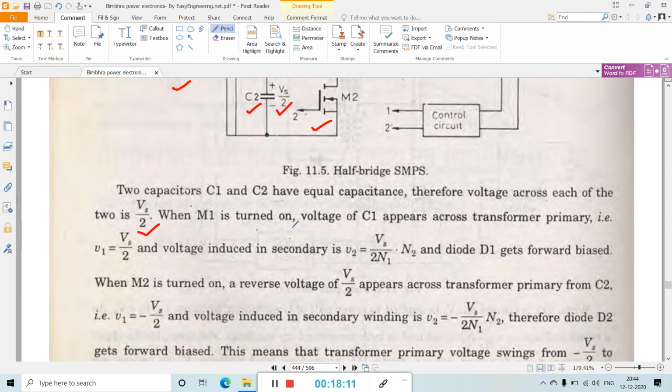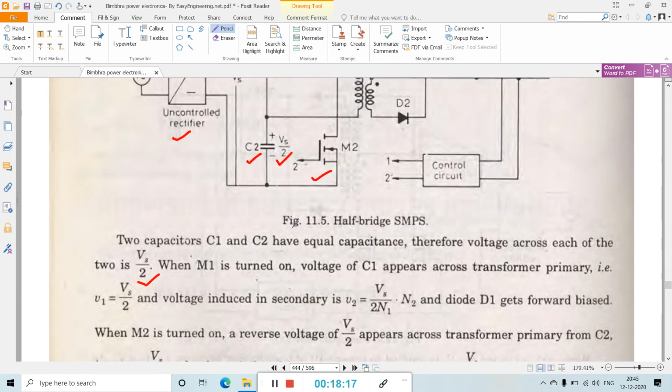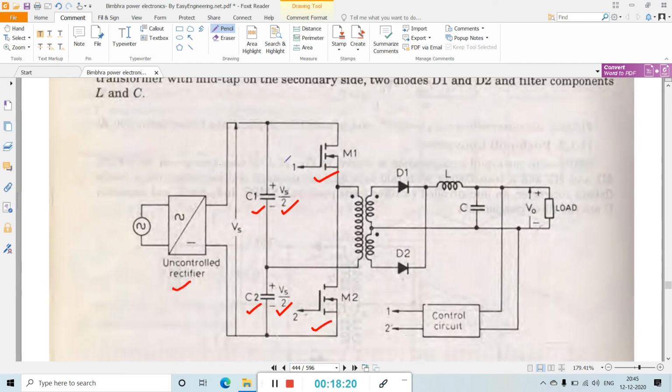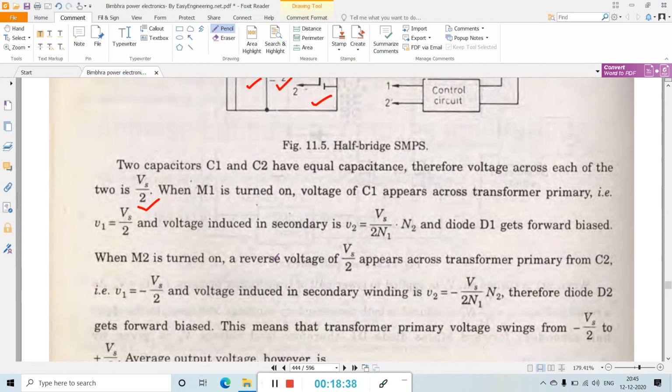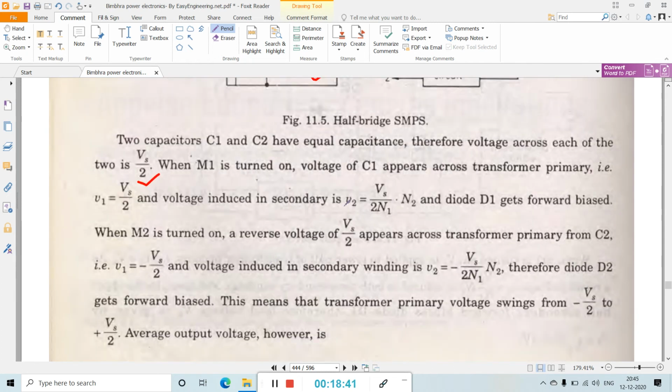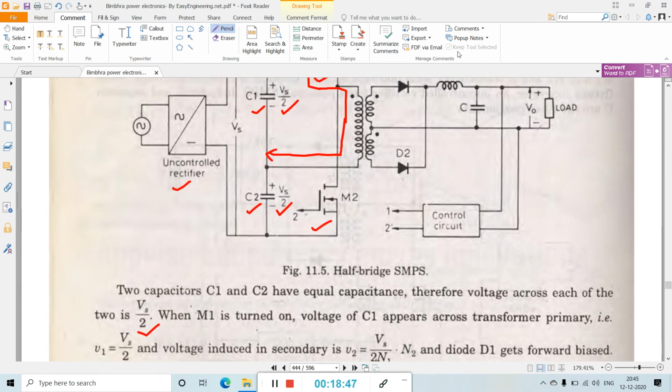When M1 is turned on, the voltage of C1 appears across the transformer primary. This is the path in the primary.